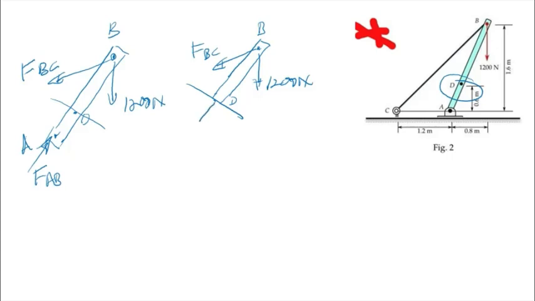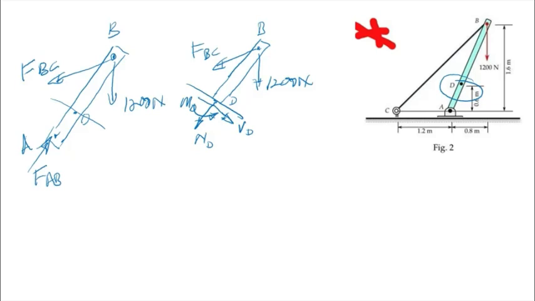We will have a normal component, we will have a shear component, and we have a moment about point D. So we have VD and ND and also MD.